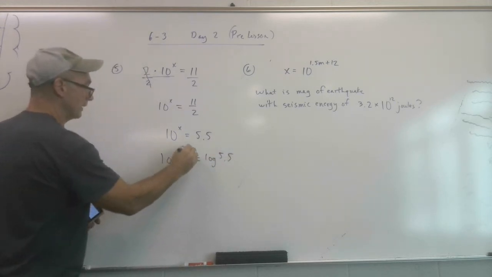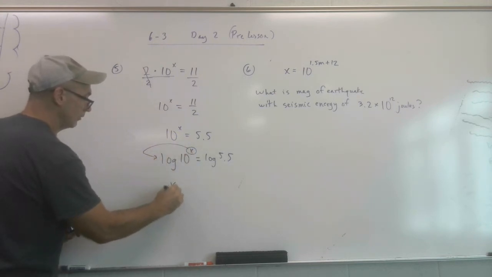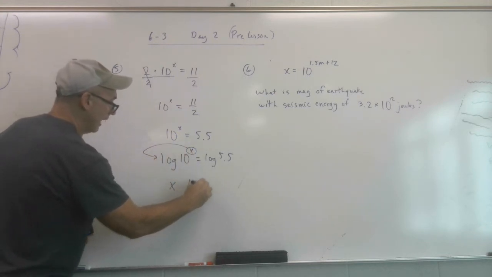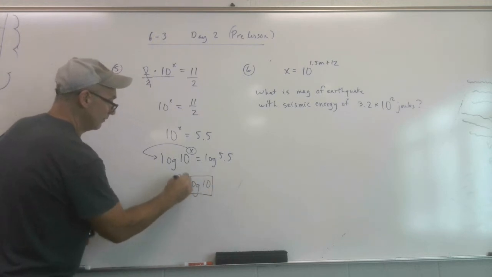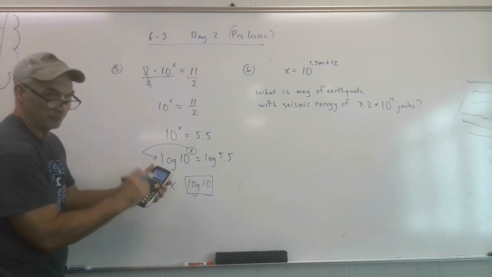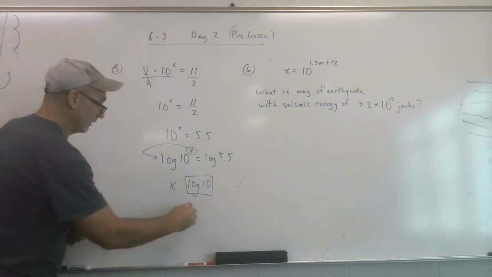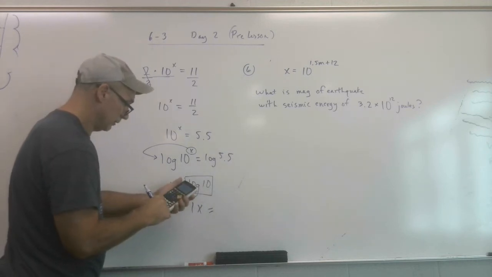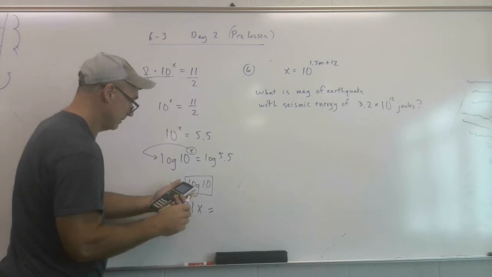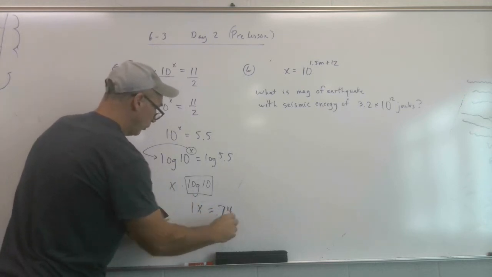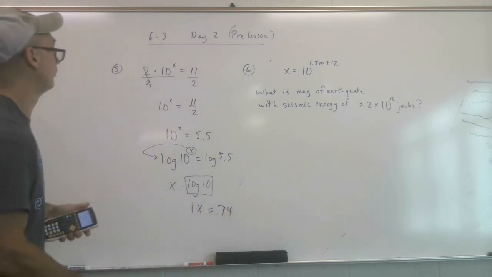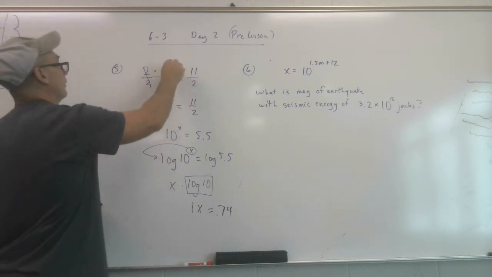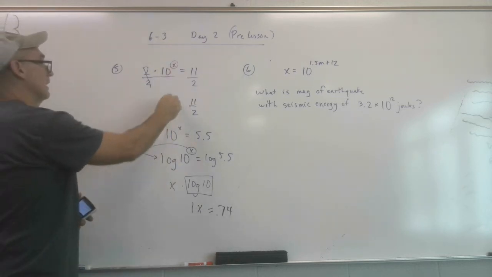And here we go. Bring that x into the front. So I get x times log of 10. Remember what this is? That equals 1. Type it in your calculator if you don't believe it. So that's 1x equals, now I got to go log of 5.5, 0.74.